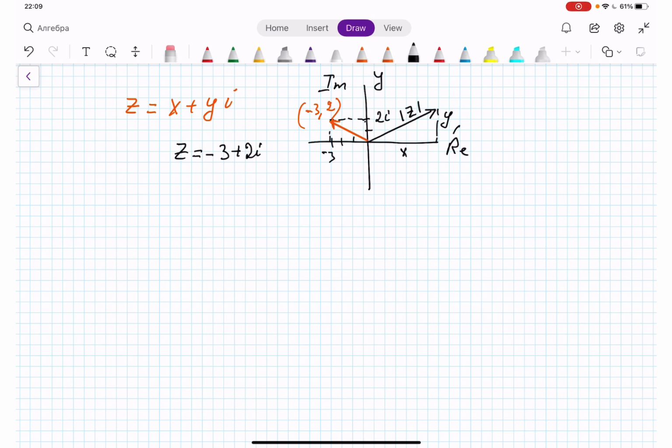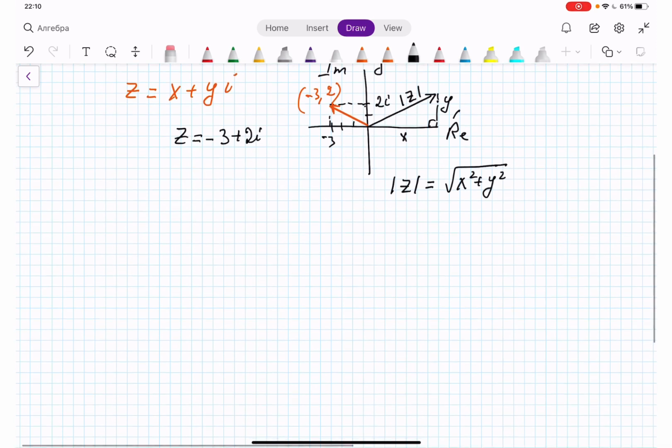Length cannot be negative. So using the Pythagorean theorem, this is our right angle, so the absolute value of z, meaning the length of the radius vector, is going to be the square root of x squared plus y squared.